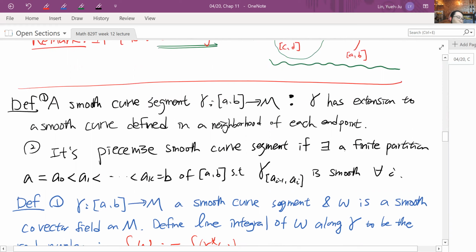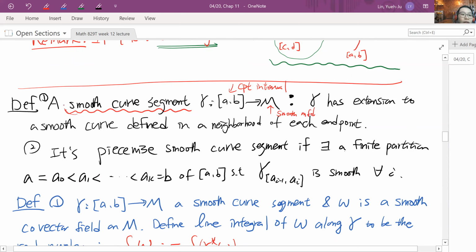So now before we generalize to the curve, there's some terminology I want to introduce. First, the textbook uses this terminology: they call a curve a smooth curve segment. And this really just means that you are going from a compact interval, your domain, to a smooth manifold.